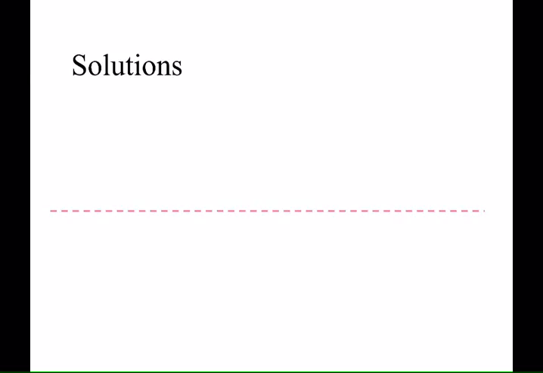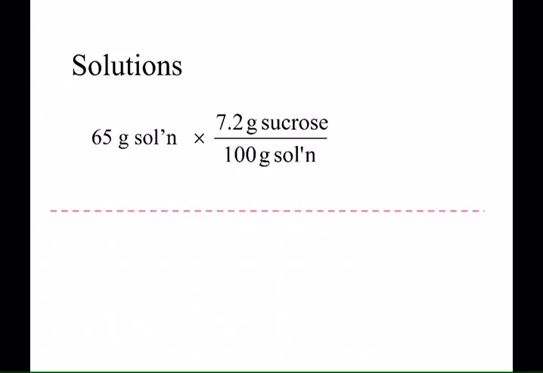For the first one, we're going from grams of solution. We put 65 grams of solution over 1. Since we want units of grams of solution to cancel and be left with grams of sucrose, we use the unflipped version of the weight percent of sucrose. Does that make sense? It's all about making sure our units cancel. Grams of solution cancel with grams of solution. That's perfect. Let's see how we need to round this.